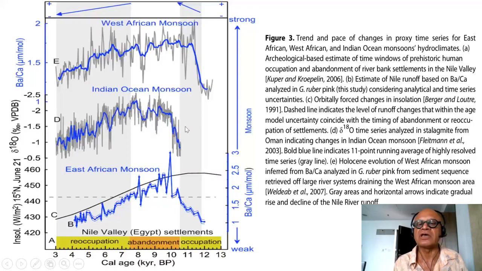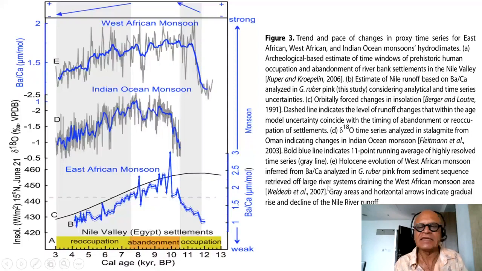So there is a modeling exercise involved here. Orbitally forced changes in insolation. Okay, and D is delta 18O time series analyzed in stalagmite from Oman, indicating changes in Indian monsoon. There are some details there in terms of interpreting Indian monsoon versus African monsoons and what it is saying in terms of stalagmites from Oman caves and so on.